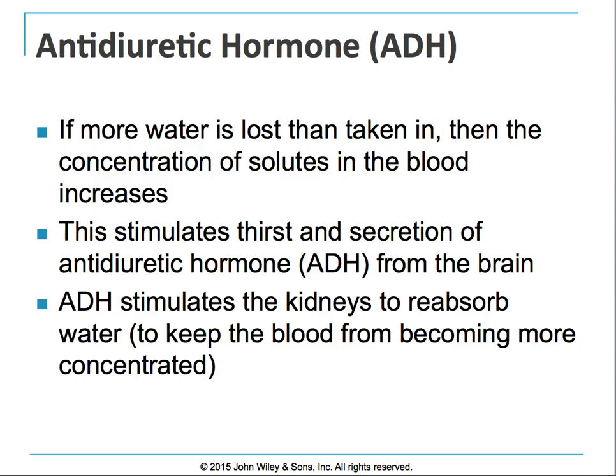So ADH is a really important communicator in your body. So it can relay messages to your kidneys to say, okay, we're low on water. You can kind of slow down your filtering and slow down the amount of water that's released to keep your body from becoming further dehydrated.